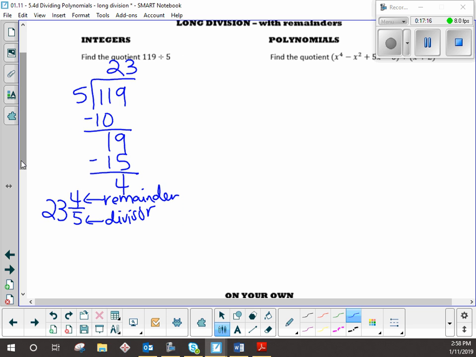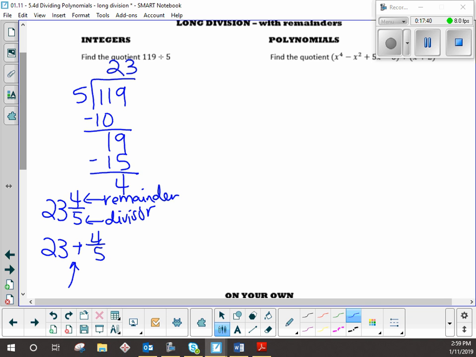But one other thing I want to bring to your attention is that really what's going on here with 23 and 4/5 is that there's an addition between there, and we're going to use that concept when we write our answer over there for the polynomial. Okay, yeah, there's a plus between here. So keep those things in mind when we get to this problem.